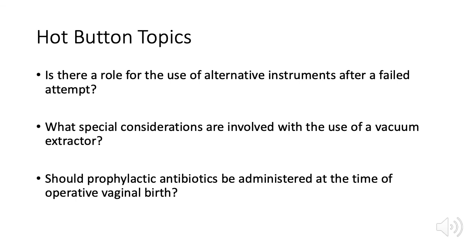This was conducted in the UK, where the majority of episiotomies were mediolateral, and that's a reason why antibiotics could be beneficial, whereas routine episiotomy is not recommended in the United States.